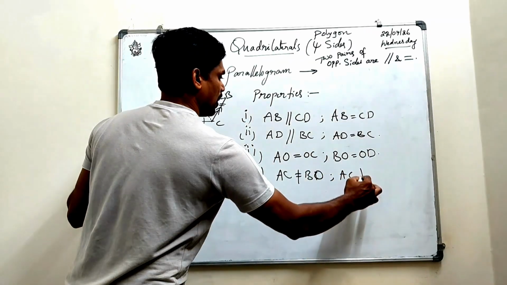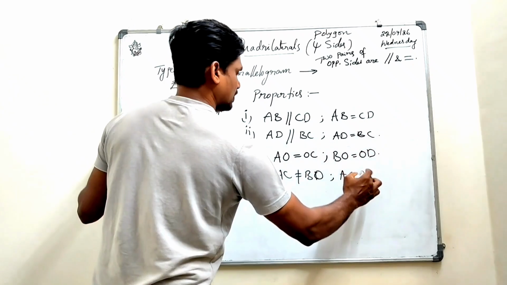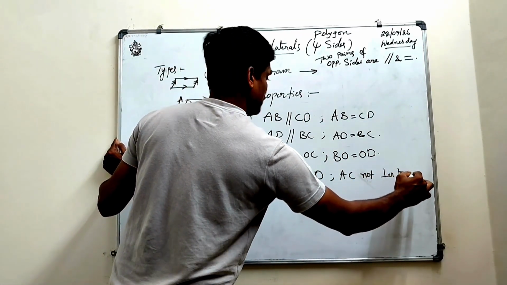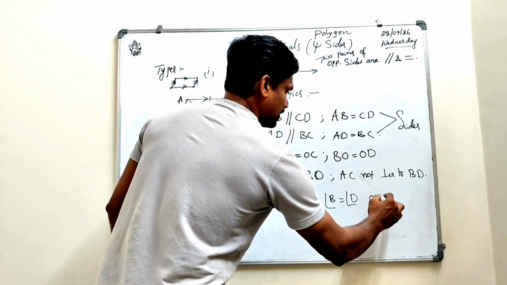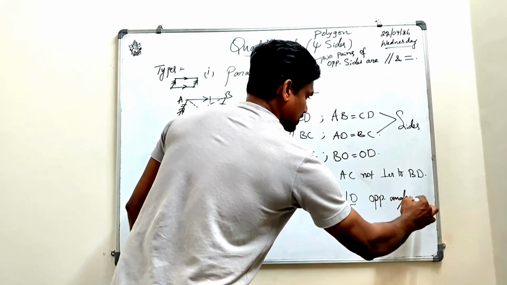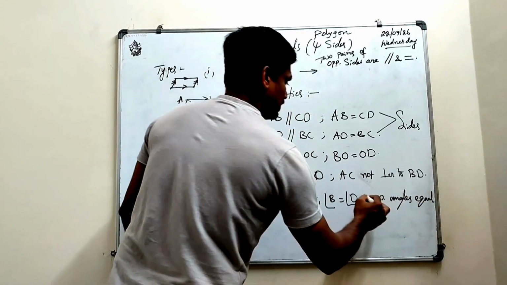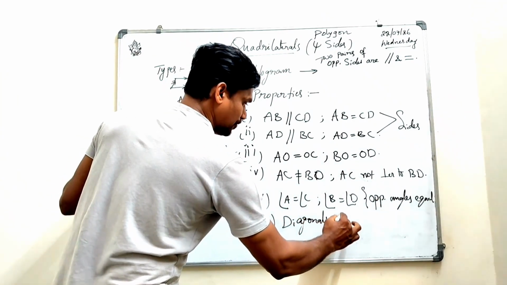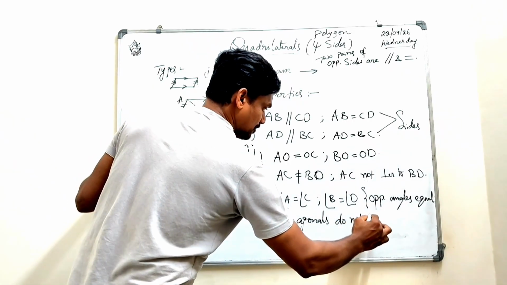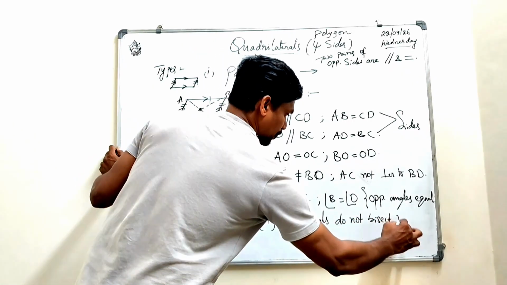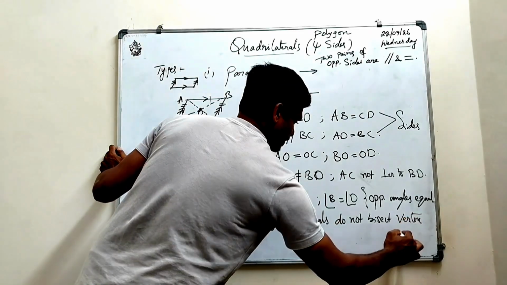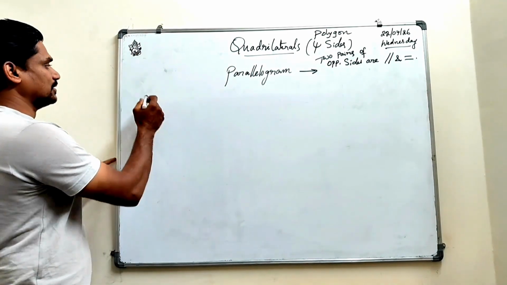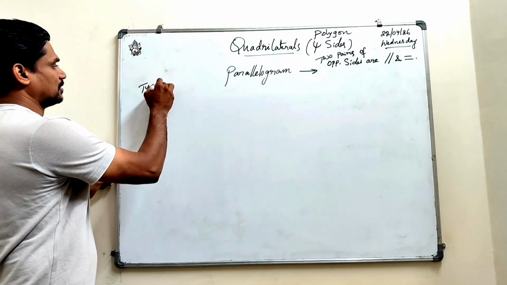Also AC is not perpendicular to BD. Opposite angles are equal. Parallelogram properties we are done. Types.